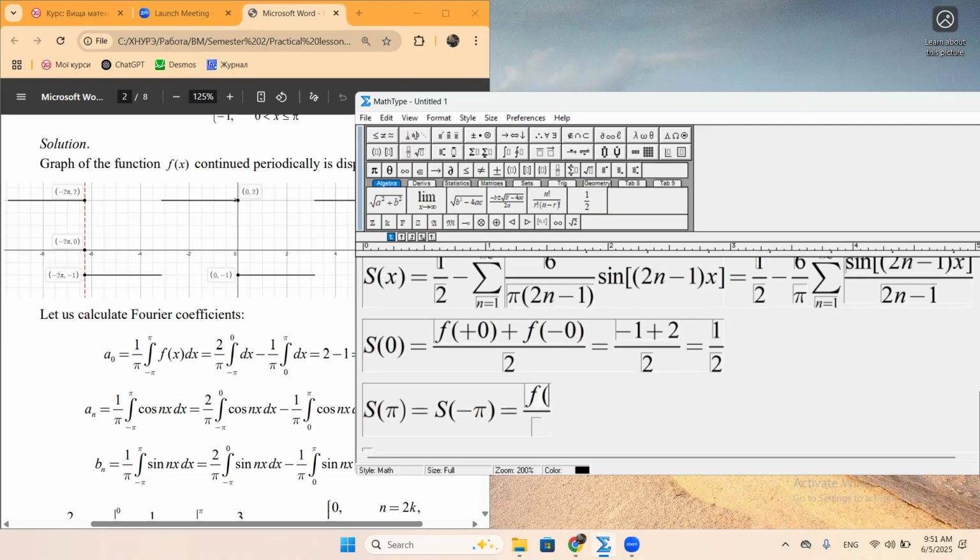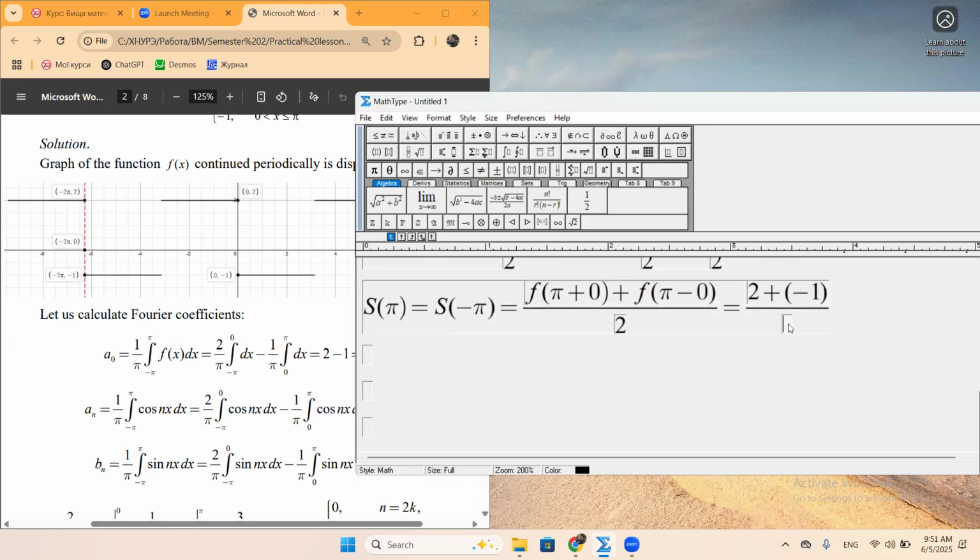So f from p plus 0 plus f from p minus 0 over 2. So f from p plus 0 equals 2, and f from p minus 0 equals minus 1.